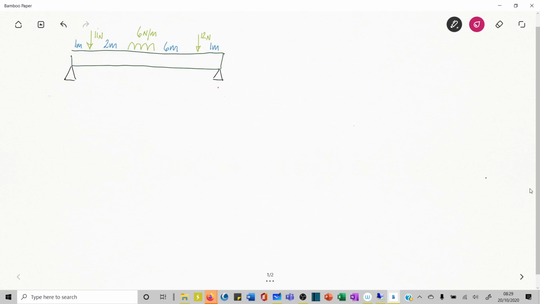So we've got a vertical force here and here, because the forces we have on top, the 11 Newton, 6 Newton per meter and 12 Newton, are forces down. So these forces are up, vertical.